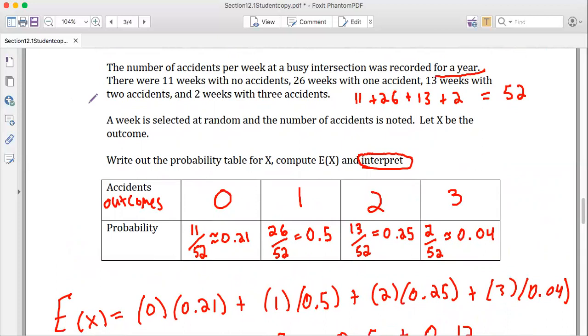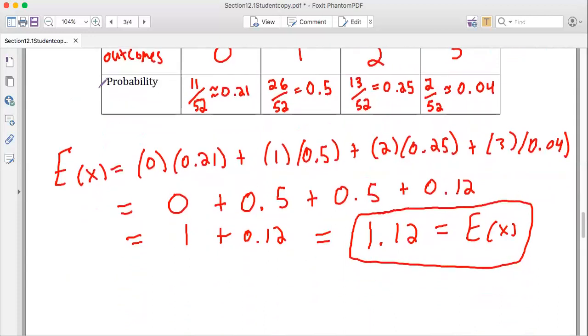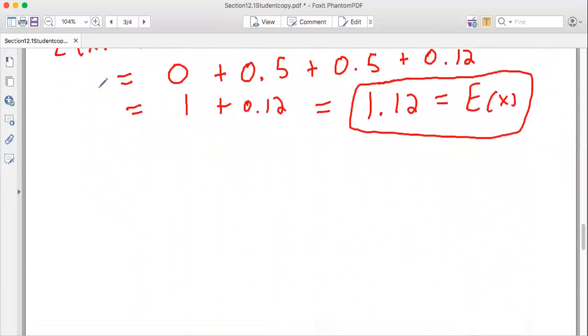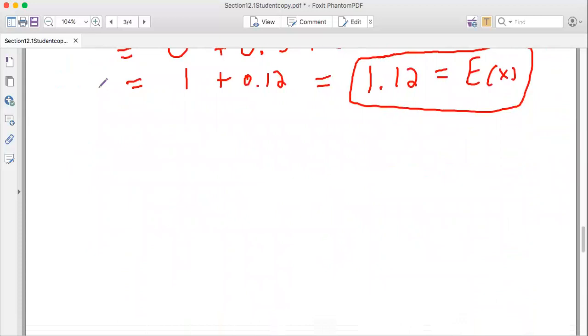So let's talk about this. Here with our data, we were recording the number of accidents that happened per week at a busy intersection. We found that expected value to be 1.12. What does that mean in context? Well, we would say the following.